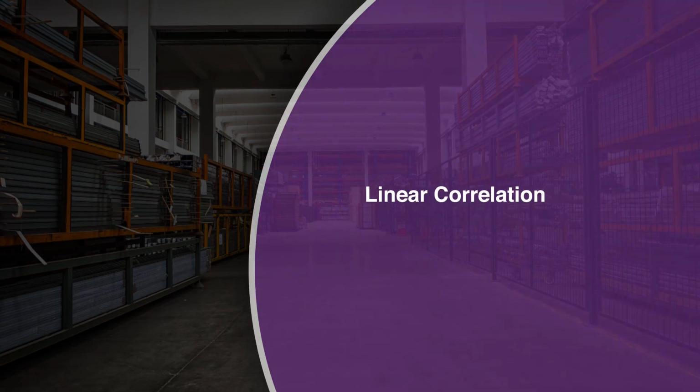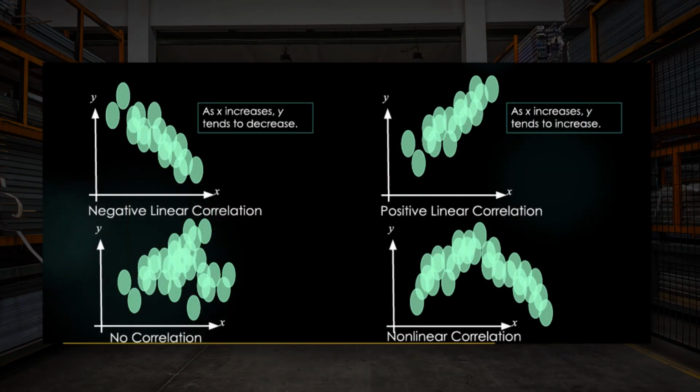Now there are linear correlations. These are examples of the linear correlations we have already talked about: a negative linear correlation and no correlation. This particular image shows negative linear correlation: as x increases, y tends to decrease. If you talk about no correlation, there is a lot of overlapping and no such relationship coming through.